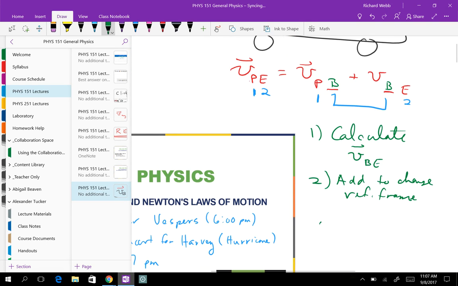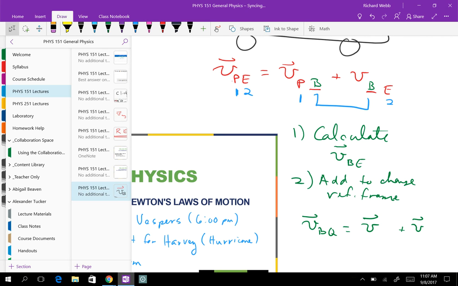So you want to find the velocity of the ball with respect to the quarterback. Using the rules I just laid out, what are the subscripts going to be for those two velocities? What should the first one be? Velocity of what? Look at the red equation to get your subscript.